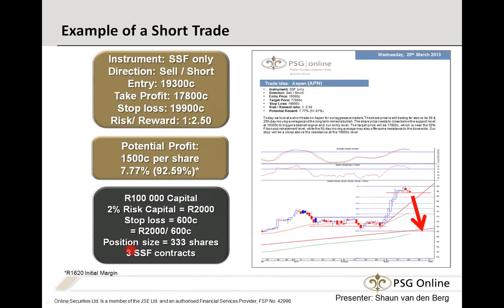As an example of a short trade, this is where you take advantage of falling prices. This was Aspen a few weeks ago. I thought it would pay out, but it didn't go as much as I anticipated. I was anticipating at least a 7% drop. I learned my lessons with these things. It's a very strong stock, way above its moving averages. So I thought, yeah, it's overbought on the RSI and stochastic.